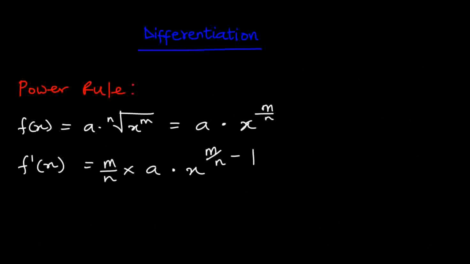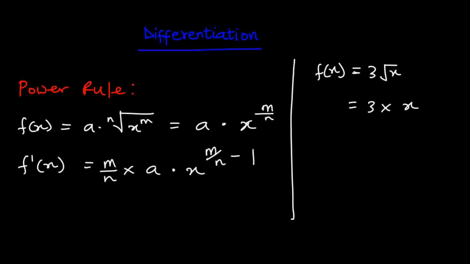So now let's try some examples for this method also. For the first example, I have f of x equal to 3 times the square root of x, and I can write this as 3 times x to the power 1 over 2.